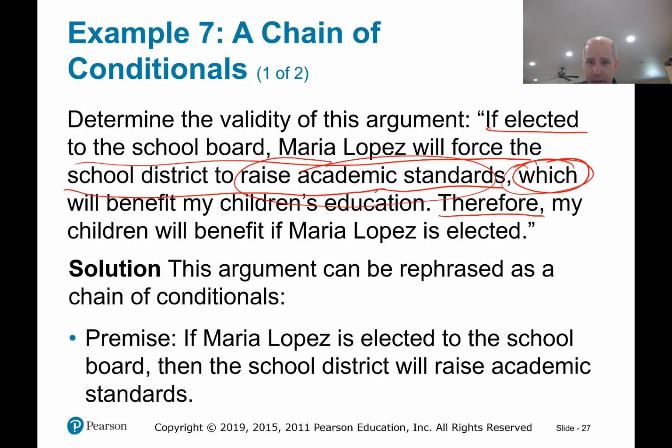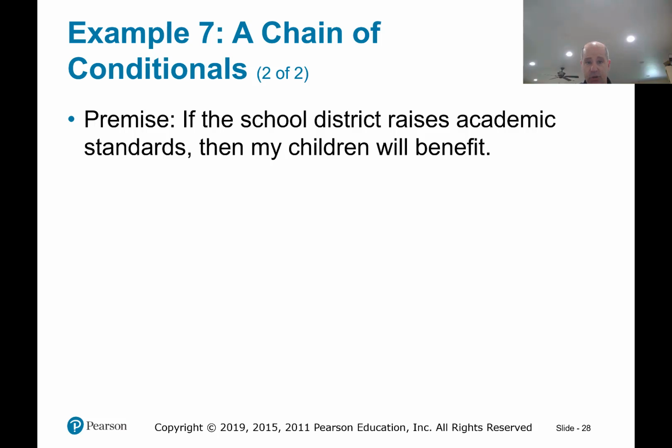The which is connected to raising academic standards. So that will be the second premise. So the first premise is if Maria Lopez is elected to the school board, then the school district will raise academic standards. Then the second premise is if academic standards are raised, then what will happen? It'll benefit my children's education. And so sure enough, there it is.